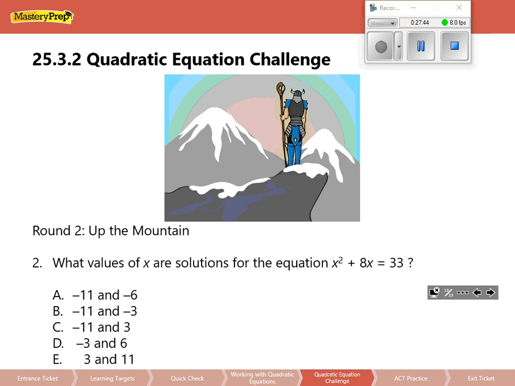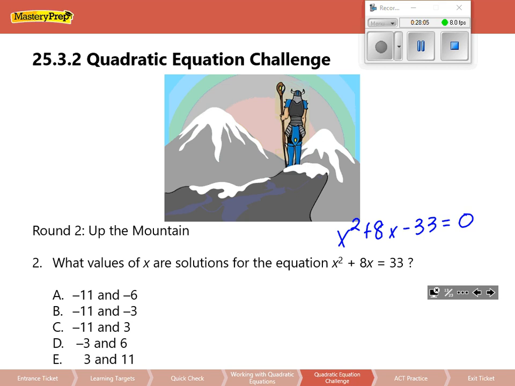Now the first thing we need to do is subtract 33 from both sides, which would give us x squared plus 8x minus 33 is equal to 0. I would go on and graph it.